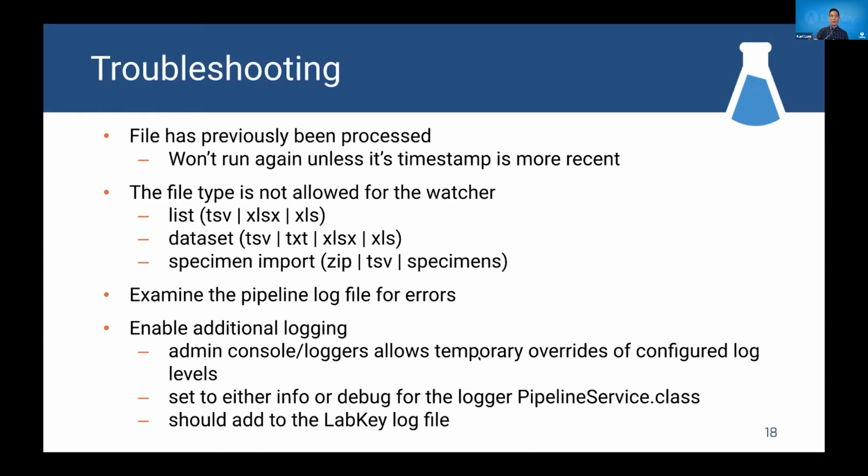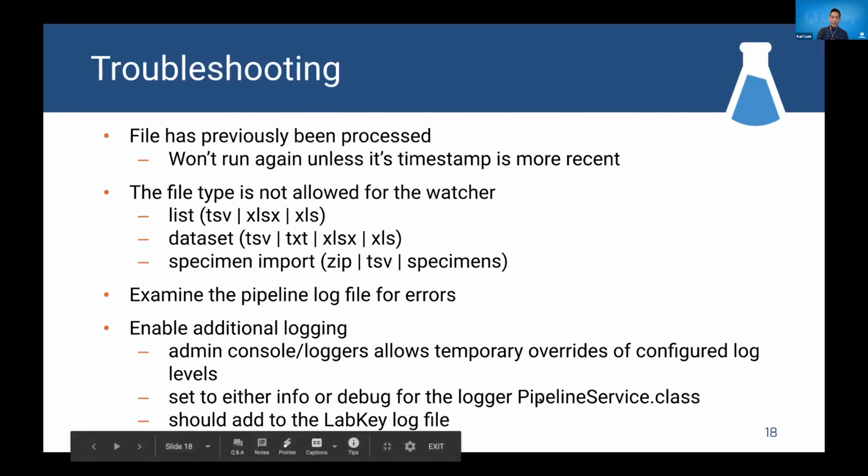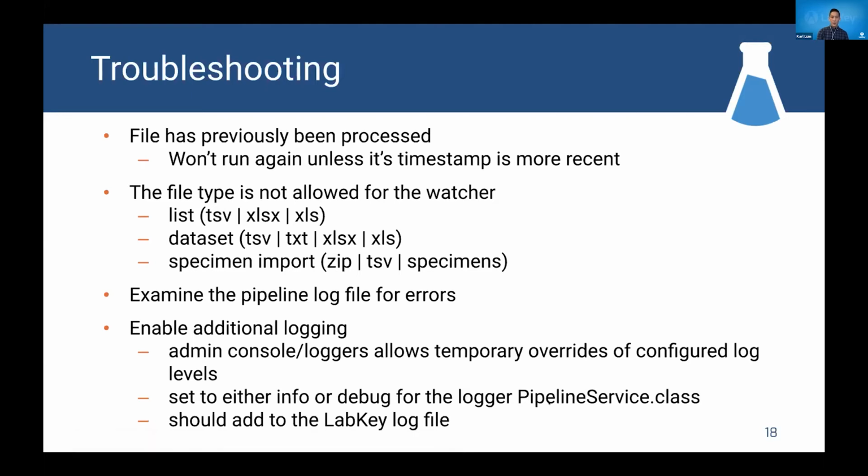To do that, you go to the admin console loggers, and you can adjust any of the loggers in the system to debug, info, warn, or error. The logger class you want to use is the pipeline service class. What I usually do is lower it to debug or info, and then you'll see more information spewed to your log file.